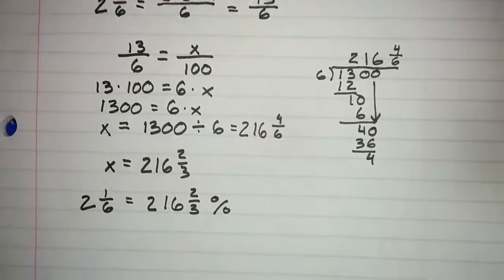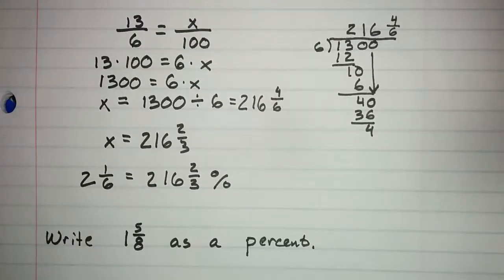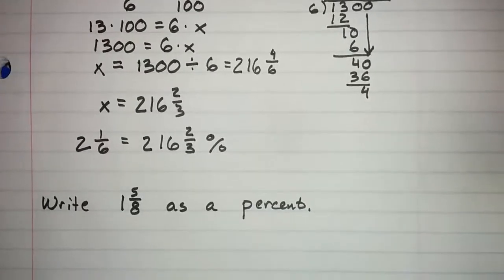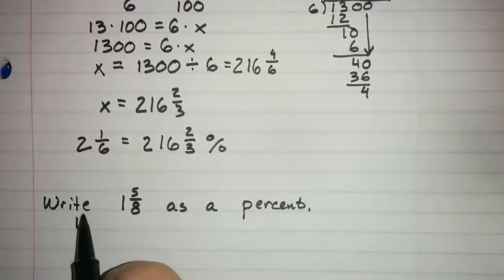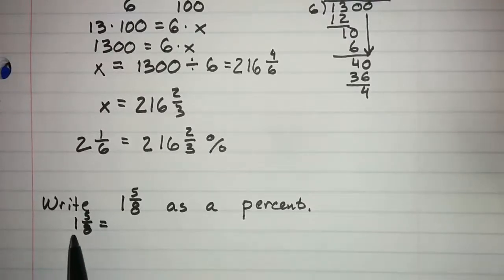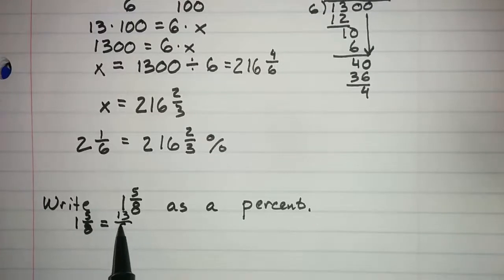Let me give you one of these to try. Write 1 5/8 as a percent using this technique. Pause the video and try this now. All right, so 1 5/8. That's 8/8 plus 5/8, so that's 13/8.